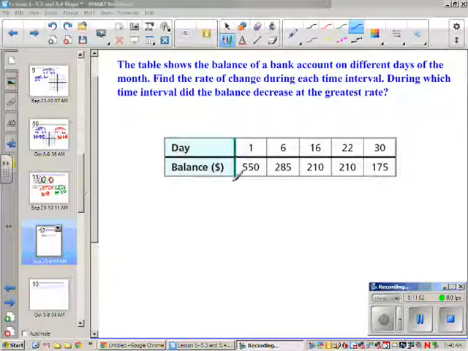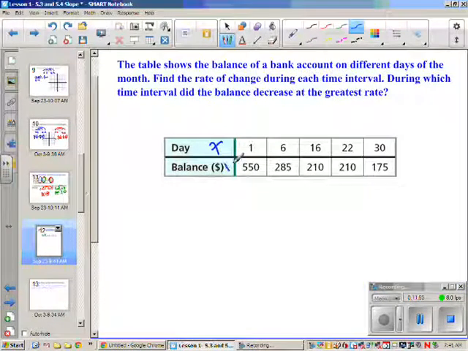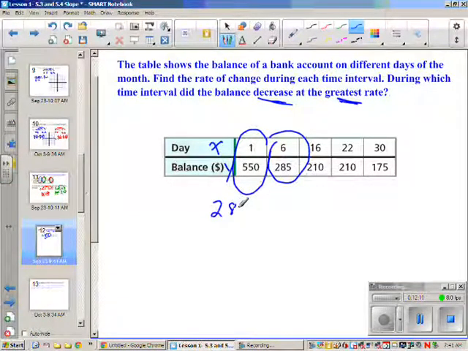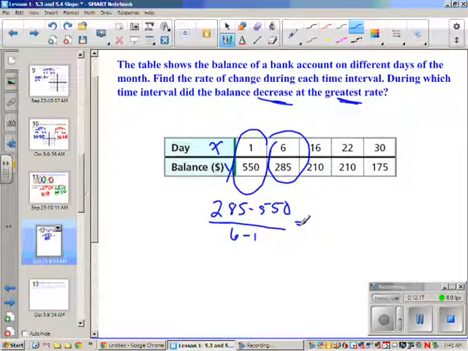So this last problem I'm talking about rate of change, and this shows the balance of a bank account over days, x, and balance, y. So we're going to have to find the rate of change between each set of days to find when the balance decreases at the greatest rate. Okay? So we go from 1 to 6 first. We find the slope. So 285 minus 550 over 6 minus 1.